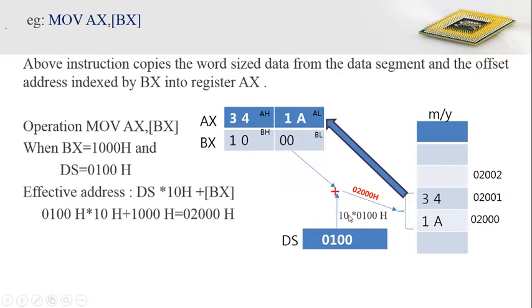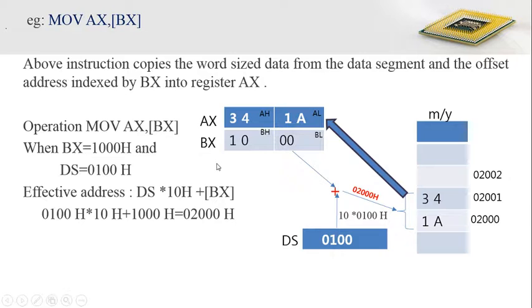Okay, perform a multiplication with 10 and we need to add the content of register BX. And here it is given that the BX register currently contains an address information, that is 1000. This address information actually indicates the displacement location or the offset location inside a particular data segment.